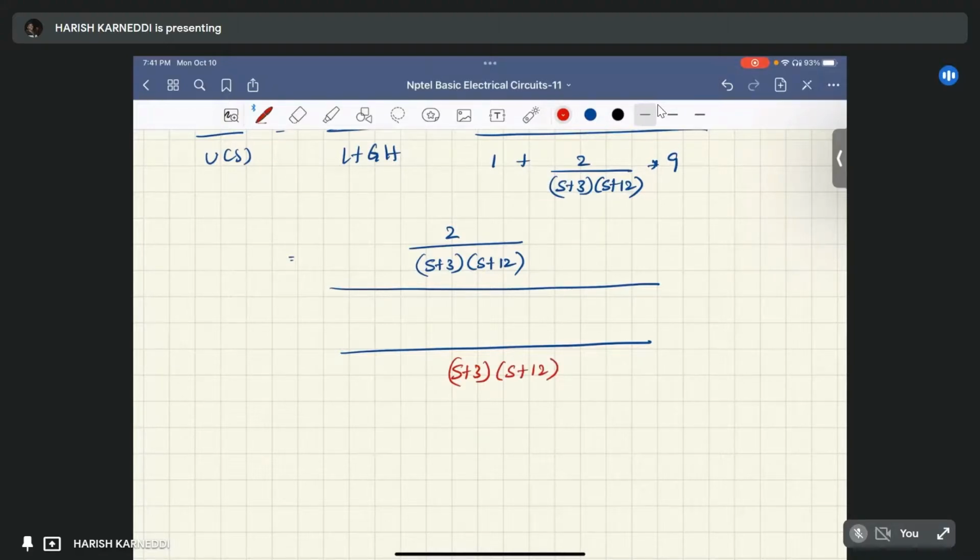Here the denominator is 1, so it is simply multiplication, (s plus 3) into (s plus 12). Here the denominator is same as the LCM, so it is simply 2 into 9, that is 18.